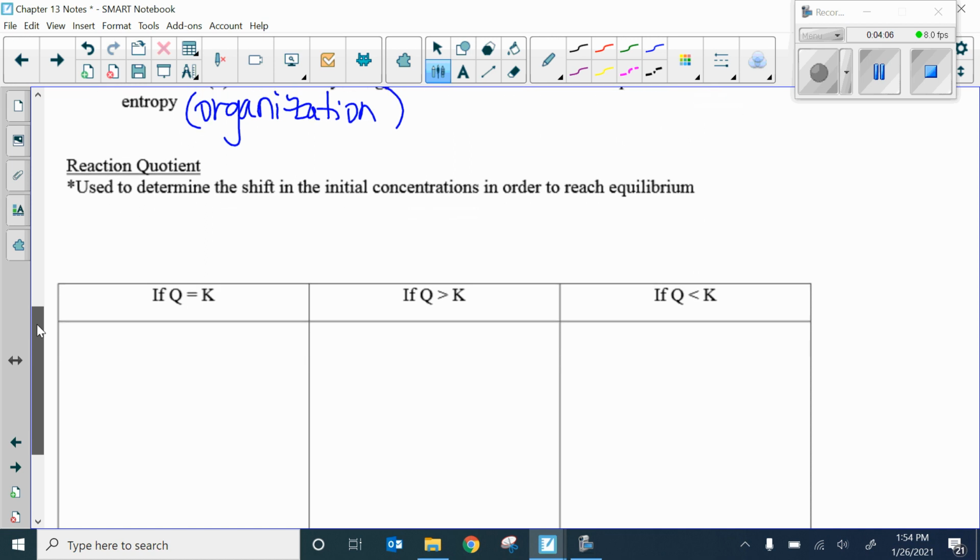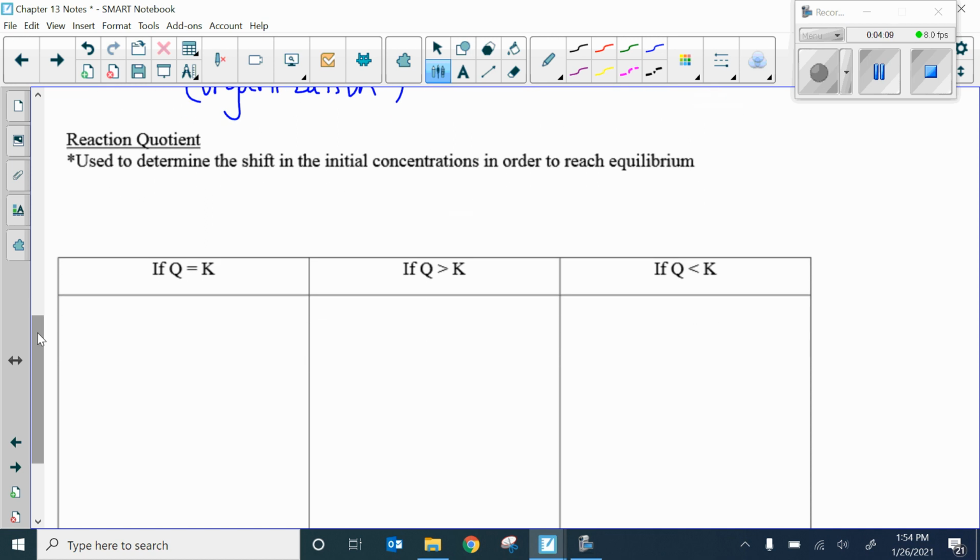Okay, now the reaction quotient isn't going to look any different than anything that we have already done. But the reaction quotient is something that we're going to use to compare to K so we can figure out the shift. So I just told you that our equilibrium expression is equal to the concentration of the products over the reactants. And you are going to see that Q is the same thing. So it's the concentration of our products over the concentration of our reactants.